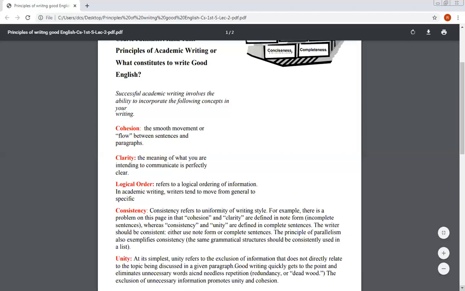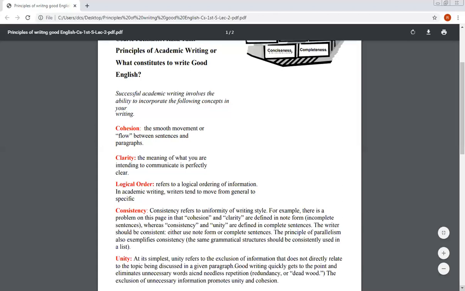Things start from the first point, the initial point, and this is how it will go on. So keep in mind that all your information must move along in a logical manner.